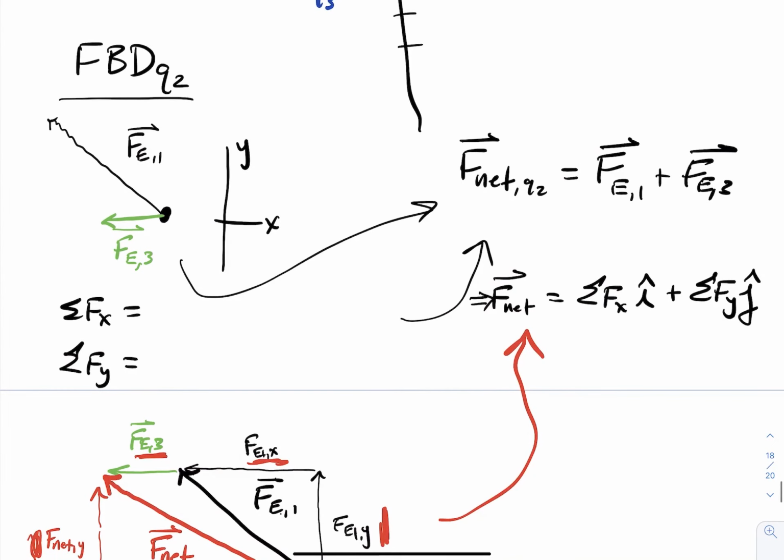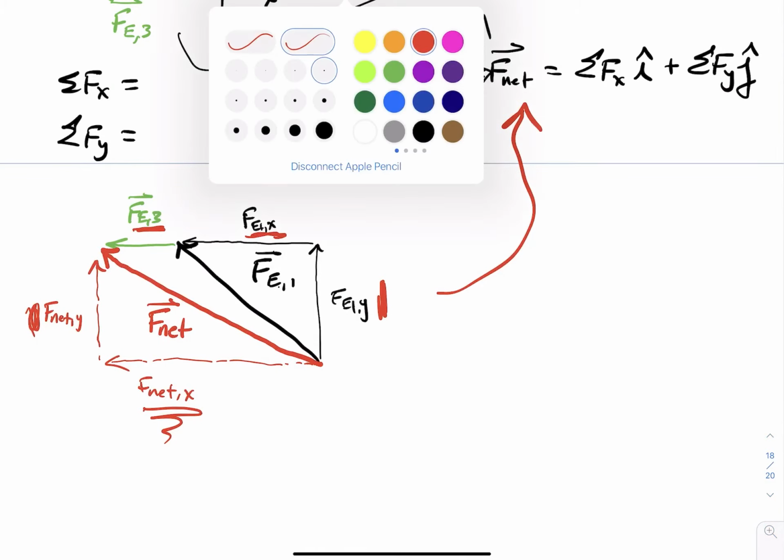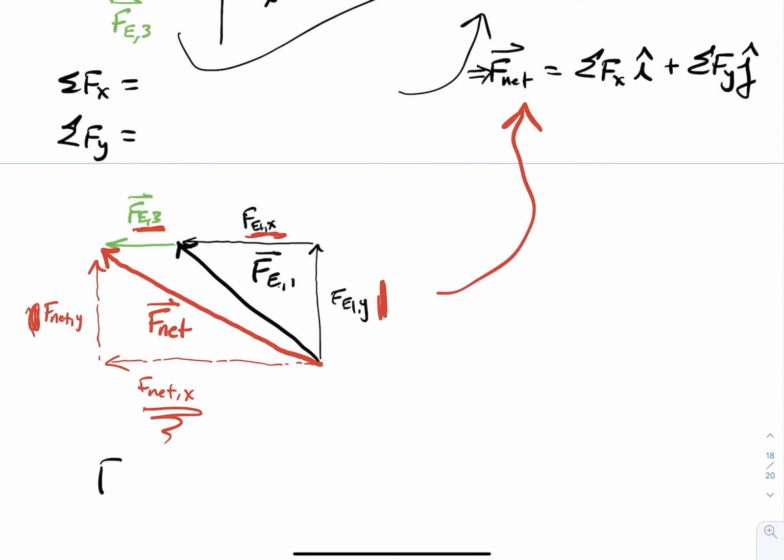From our picture, though, I like this the best, so I'm going to use this. We know then that F net is equal to FE1 in the x direction plus FE3, and that's going to be in the x direction. And really, it's going to be in the negative x direction, isn't it?